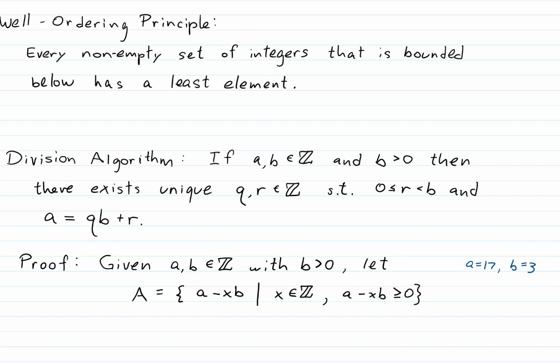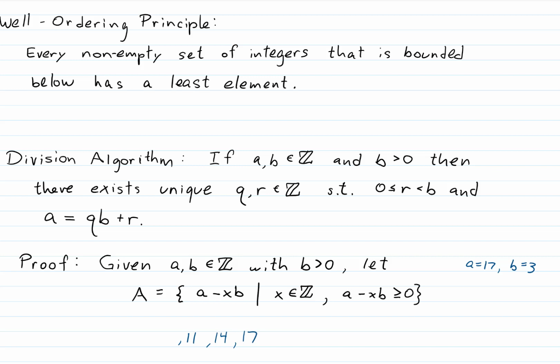Let's write down a minus any integer times b. So I'm just going to do some scratch work here for a second. Okay, so there's a, and b is 3.